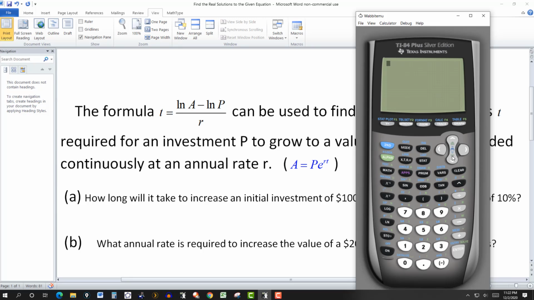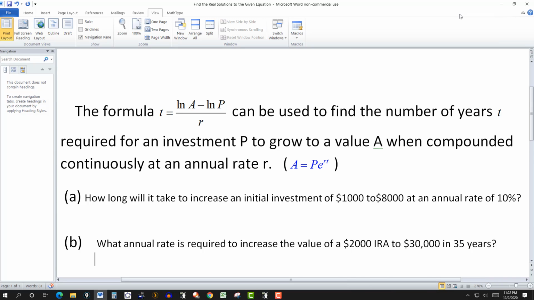Okay, let's clear this. Now, for the next one, what annual rate is required to increase the value of a 2,000 IRA to 30,000 in 35 years? So in this particular case, we want to find R. So all we need to do is put the R where the T is.